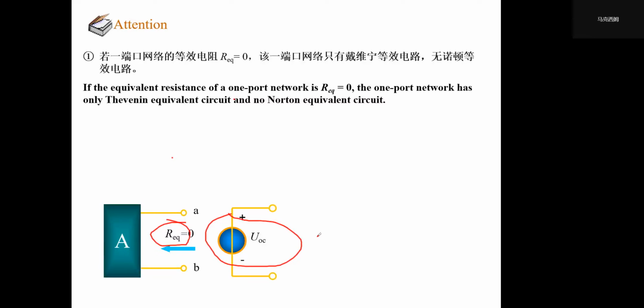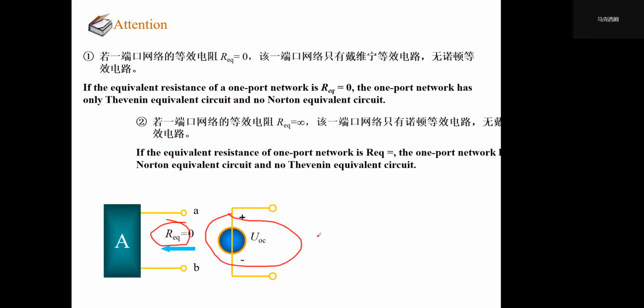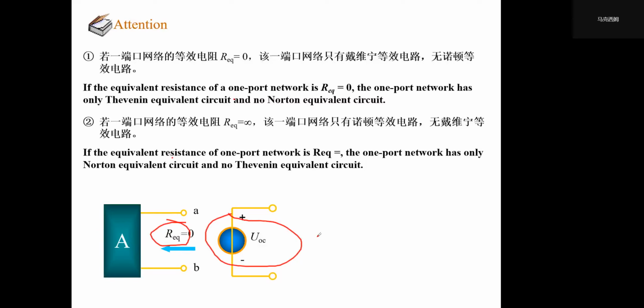So this is a very special case, and we don't encounter this scenario very often, but from time to time we're going to encounter something like this. And the other case is that if our equivalent resistance equals infinity, then this one-port network only has a Norton equivalent circuit and no Thevenin equivalent circuit.